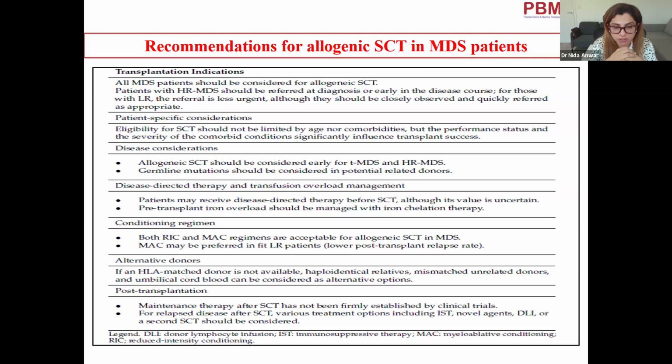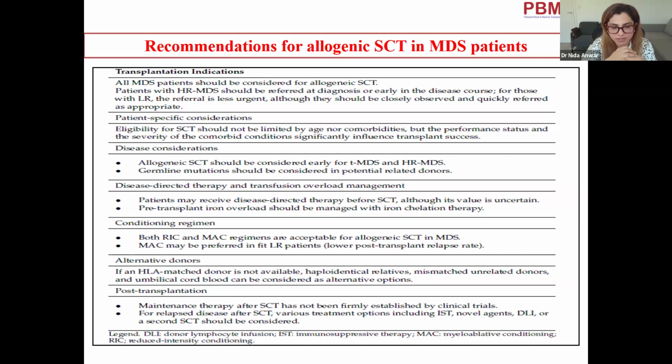However, MAC may be preferred in fit young patients who are low risk because it is associated with a lower post-transplant relapse risk. And especially in the Western world, there's an option of alternative donors. For instance, if an HLA-matched donor is not available, then haploidentical relatives, mismatched unrelated donor transplant, or umbilical cord transplant could be considered as an alternative option.